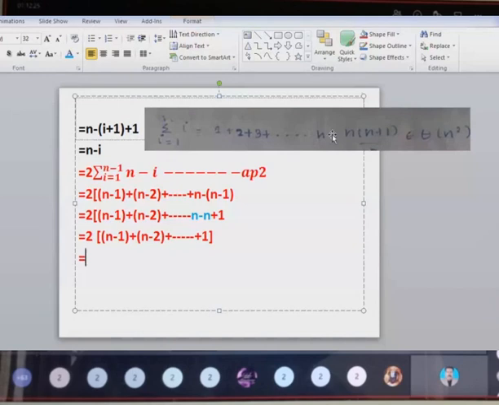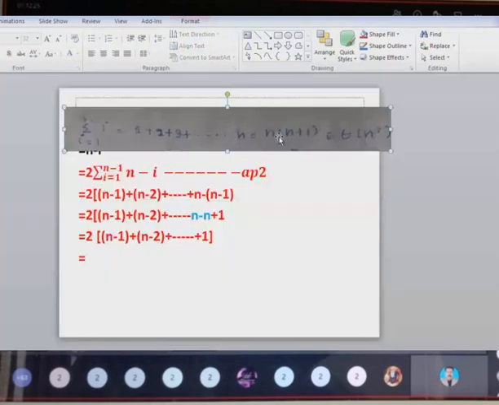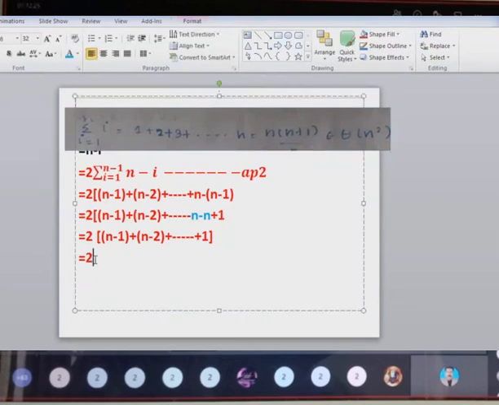So look at the formula. This whole term is equivalent to n into n plus 1 by 2, right? So now we can write 2 within bracket 2 into, now here the upper limit is n minus 1.